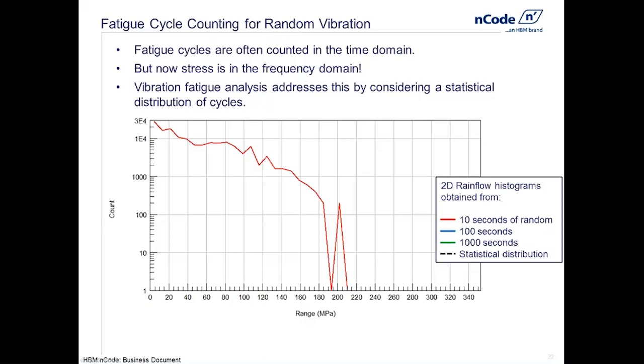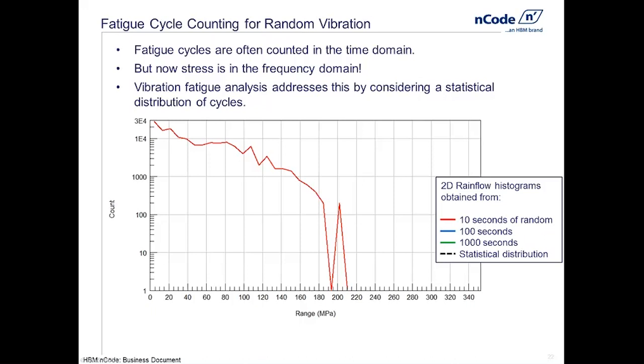Why statistical? Well, think about it this way. If you were to look at the wind blowing and causing stress cycles on a road sign, and you collected wind data over a very short time period and then looked at how many fatigue cycles happened of what size, we might end up with a plot like the one in red here.